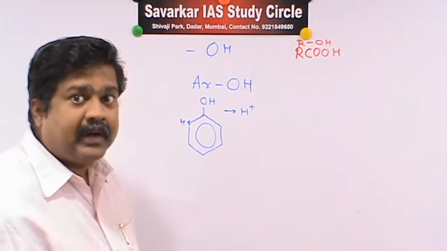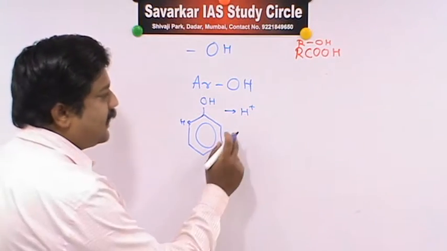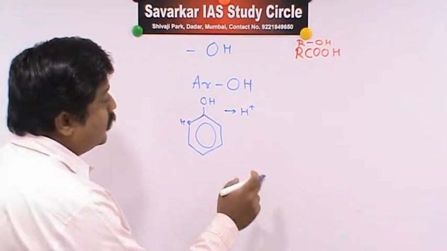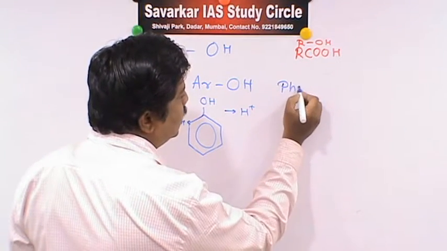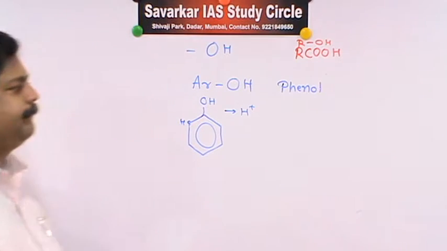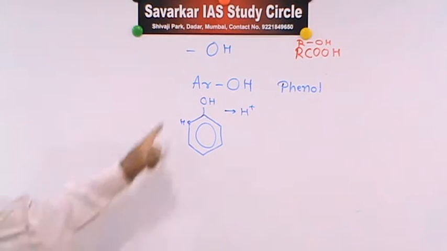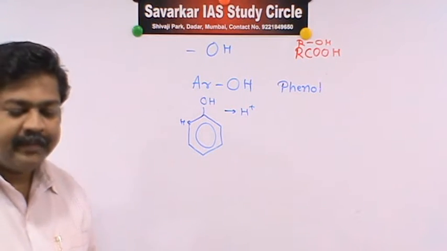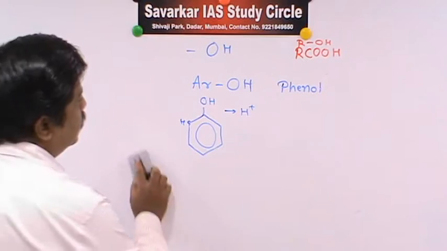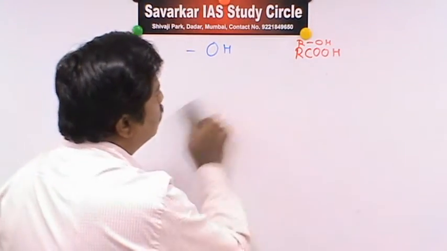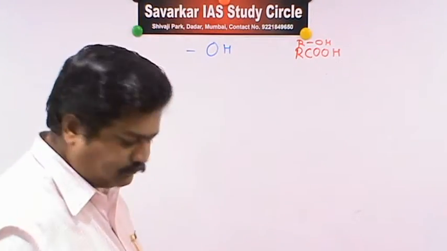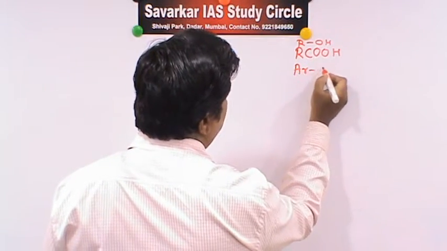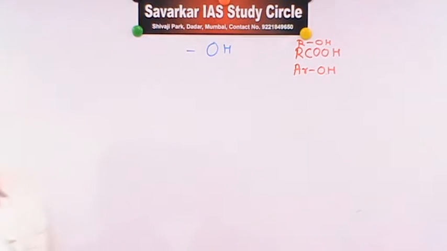Alright, but a little bit, and therefore these are called very weak acids. So this is called the phenolic group. This compound is called phenol. So when these types of compounds are there, we call them the phenolic group. So the third component we discussed, that is ArOH, the phenolic group.